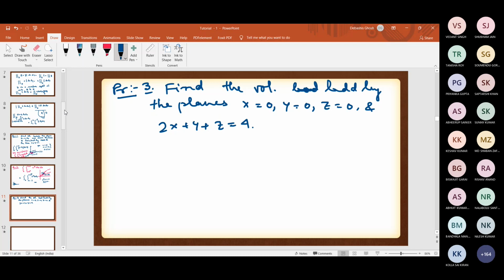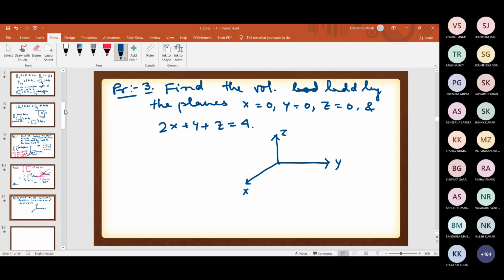That represents what? If you go for these planes, these all three: x equals 0 is the yz plane, y equals 0 is the xz plane, z equals 0 is the xy plane.